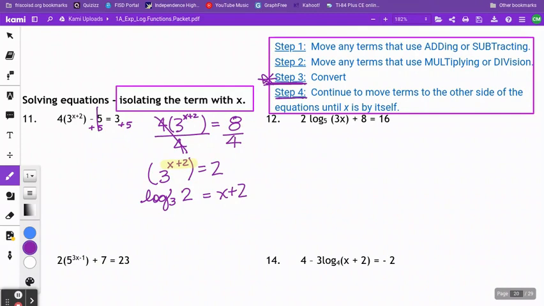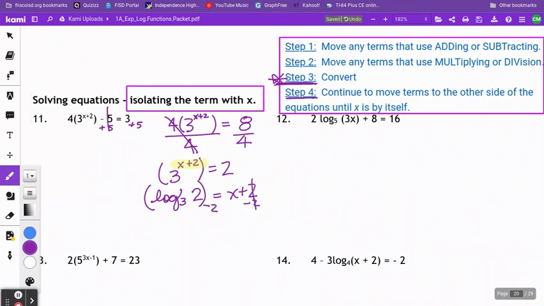Continue to move any terms that you still have to the other side so that x will be all alone. So let's subtract this 2 to the other side. And when I do that, I need to put parentheses around this log because it's separate. It's its own special thing. And then outside of that is where I will put the -2 that I'm bringing over.